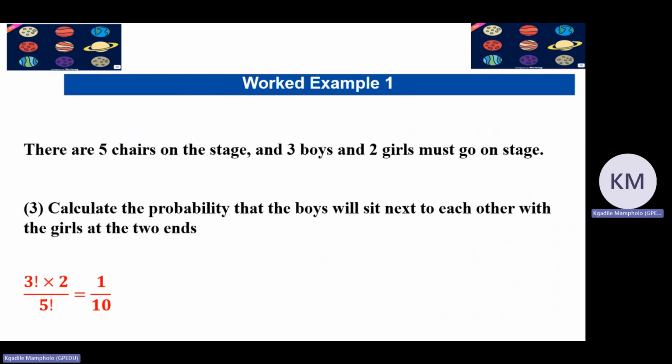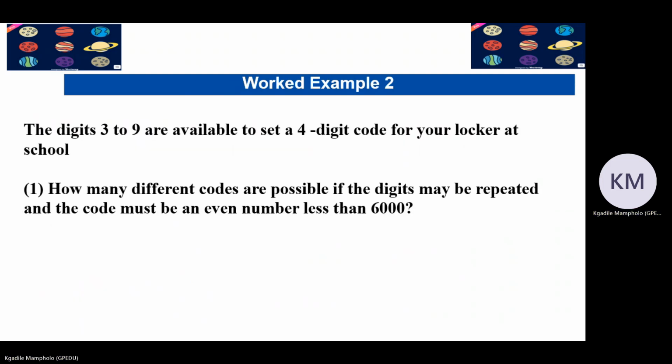But now, because we're saying boys at one end, girls at one end, we are not saying both can be, so it will be 3 factorial times 2 factorial over 5 factorial. Some of the things I rectify as I go, because I was typing fast and didn't get a chance to go through that. But wherever I said rectify, please rectify.